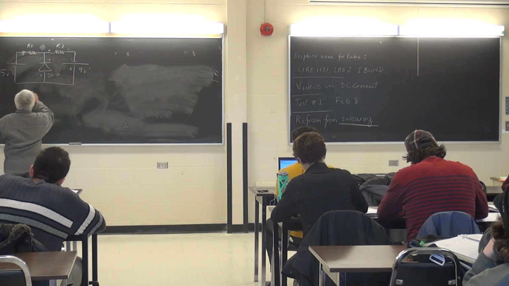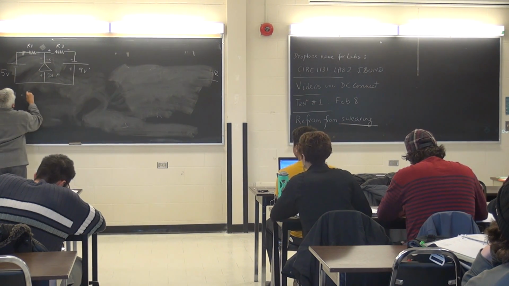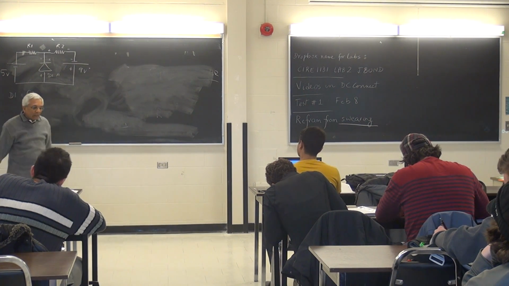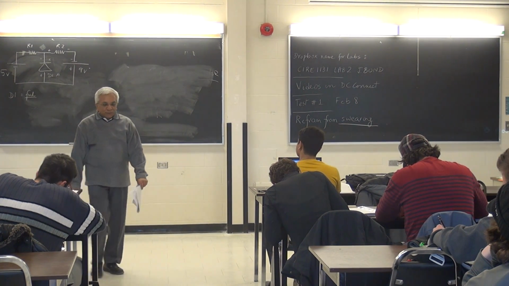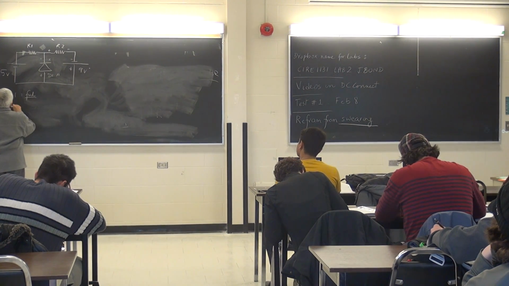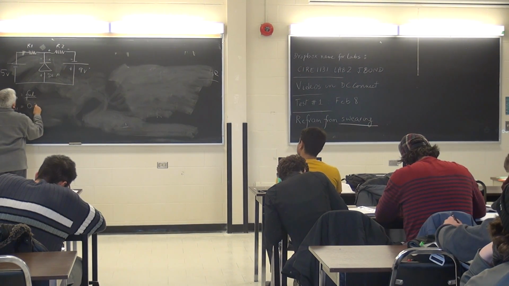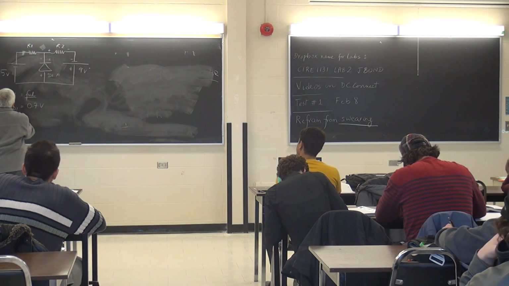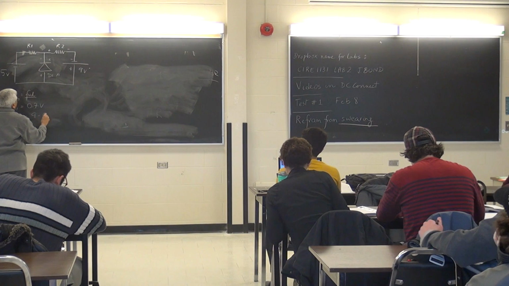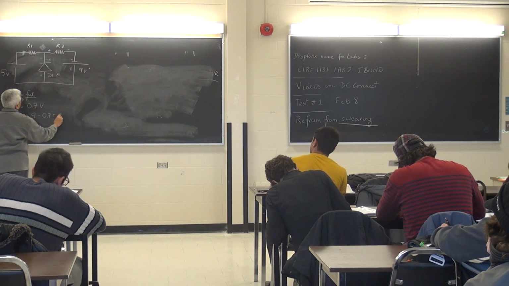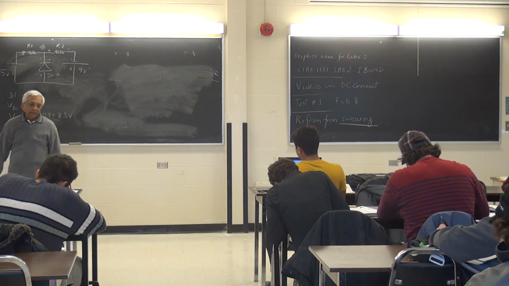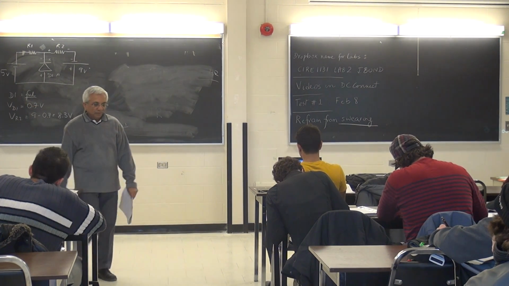So that D1 is forward biased, which means that it acts like a closed switch with 0.7 volts across it. So VD1 is 0.7. How about the voltage at R2? Is it 9 minus 0.7? 8.3 volts.